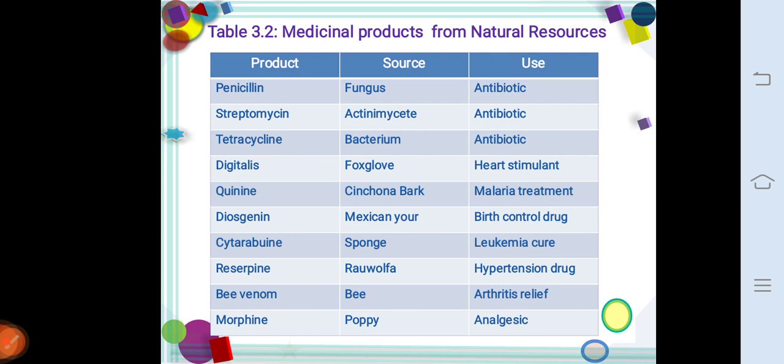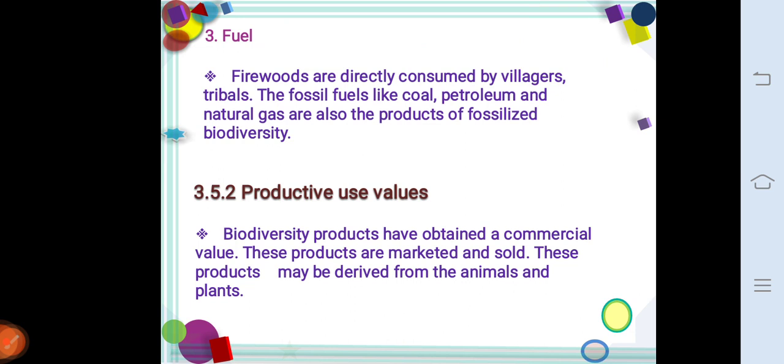Many plants are considered as holy plants in our country, for example lotus, peepal, tulsi, etc. And also many animals are considered as holy animals: cow, snake, peacock, rat, etc.